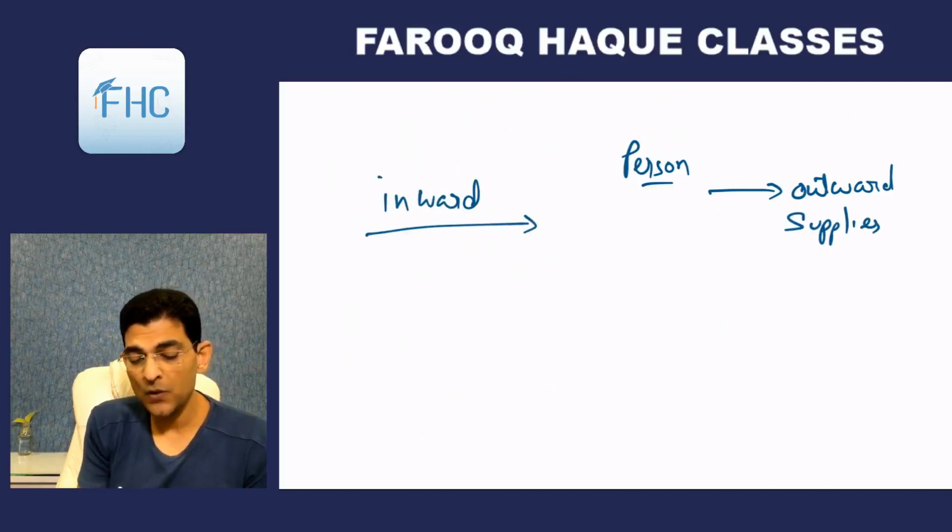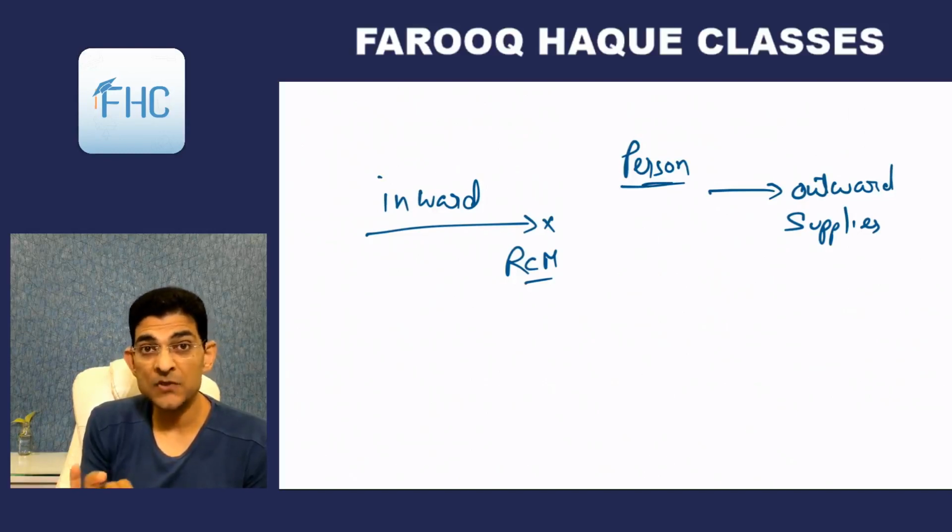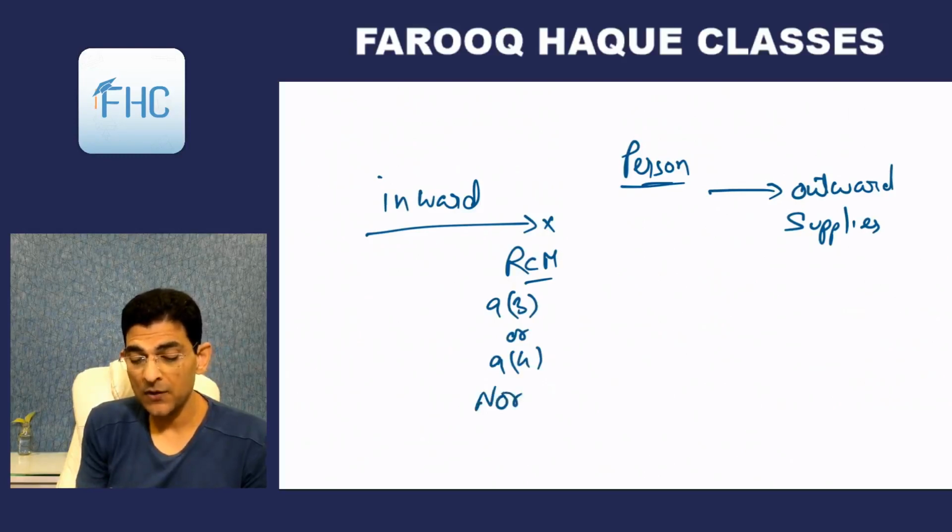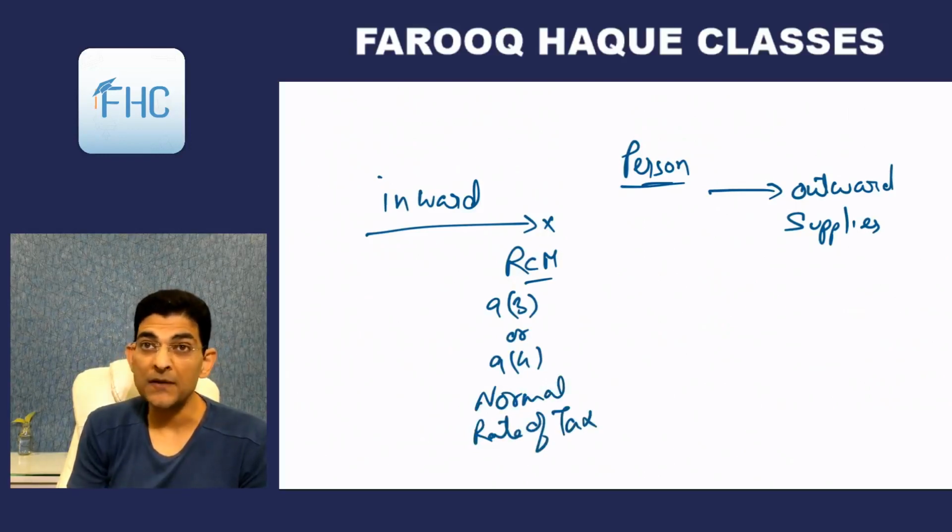So in case of any inward supply, if the RCM applies, if they are chargeable to RCM, then this person has to pay tax on these goods which are chargeable under RCM or services on full basis, means as per section 9(3) or 9(4), as the case may be, will apply, and this is payable at the normal rate of tax. Whatever is the normal GST rate, you have to pay it.